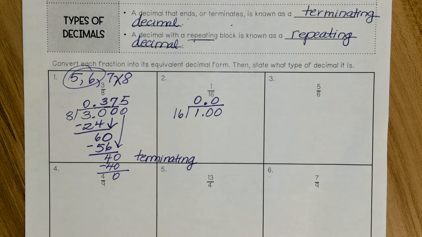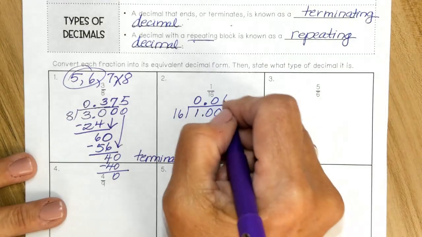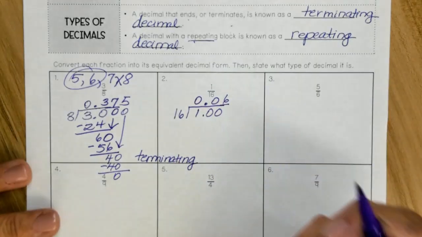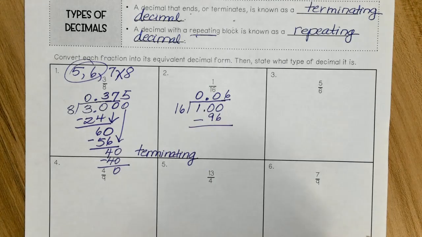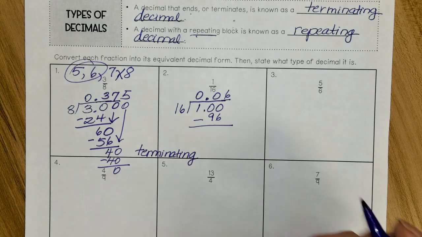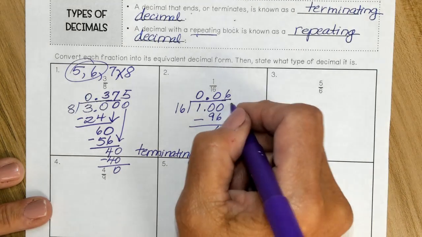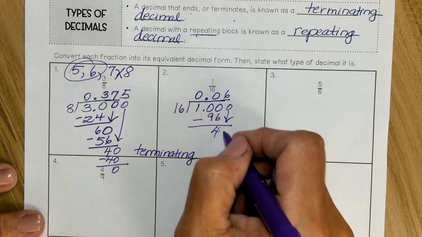How many times? It would go 6 times. And 6 times 16 is 96. What's 100 minus 96? 4. Add a 0, bring it down.